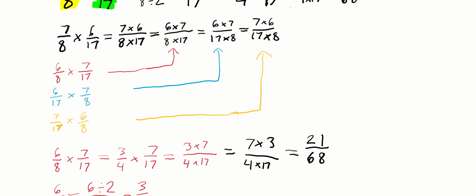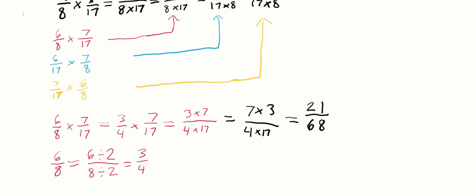That allows us to reduce before we multiply. I hope this video has increased your understanding of canceling and has made some of the methods behind it make more sense.